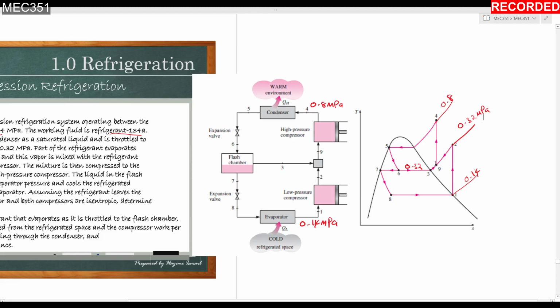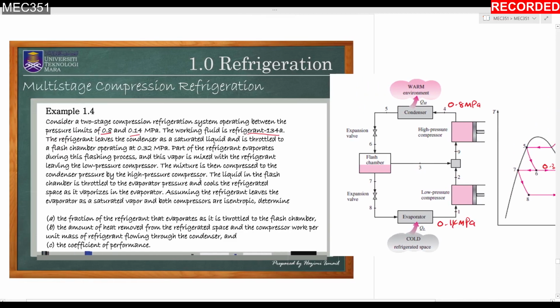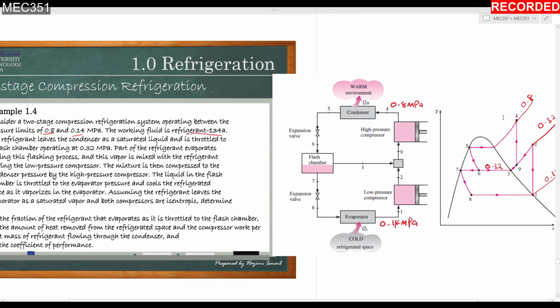So state 9 is the summation of the vapor from state 3 and state 2. The mixture is then compressed to the condenser pressure by the high pressure compressor. So this is the process where the mixture will be compressed by the high pressure compressor.